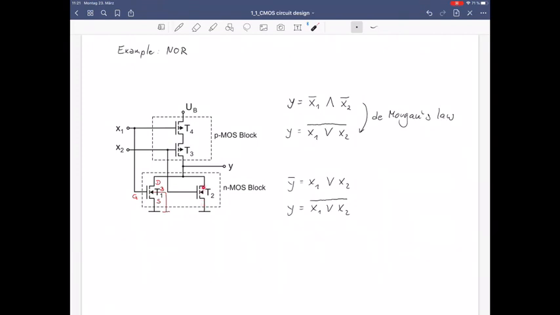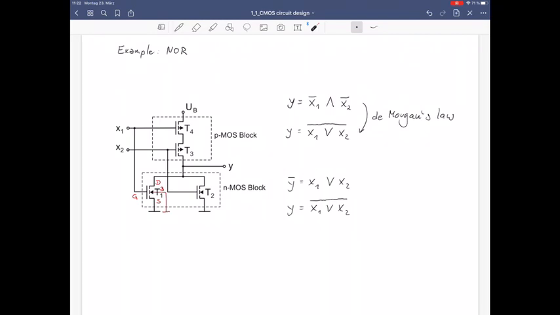If the NMOS block is conducting, the PMOS block is turned off. This means two things. First is that the output Y is always connected to either the supply voltage or ground, but it will never float, which means that we always have a defined output signal, logic high or logic low, in a circuit.